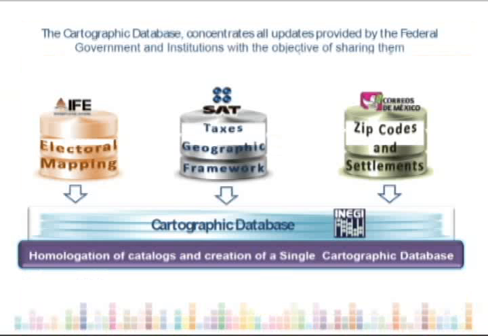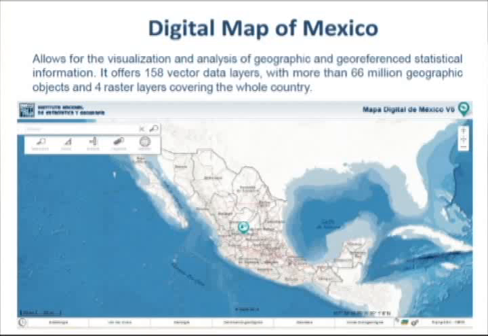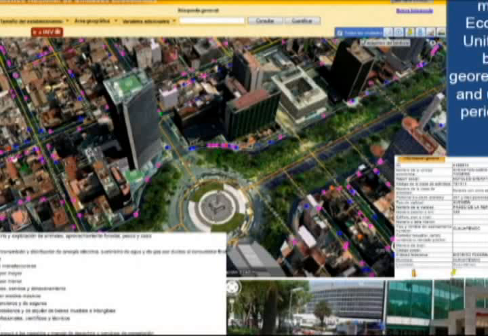We have this in a cartographic database, and we have our digital map, which is created in open source, so we can use it, with 158 vector data layers and more than 60 million geographic objects in 4 raster layers.